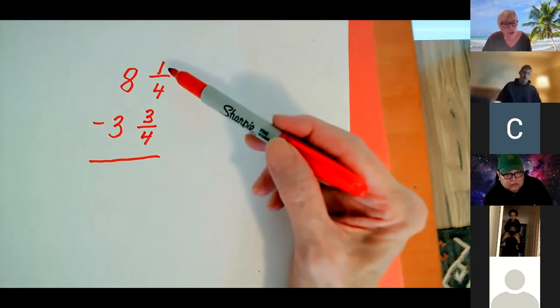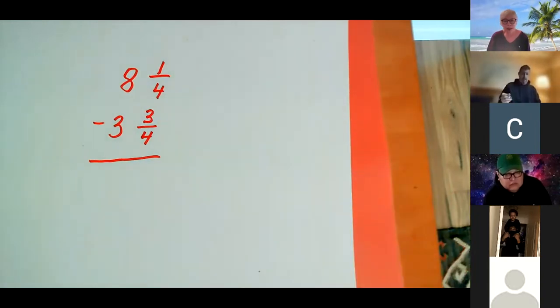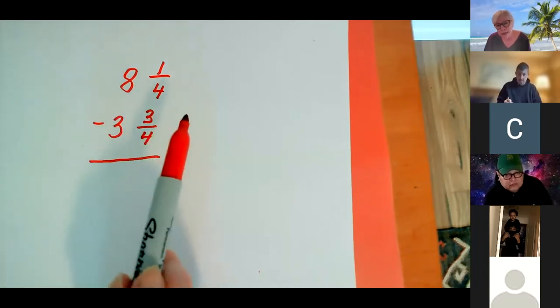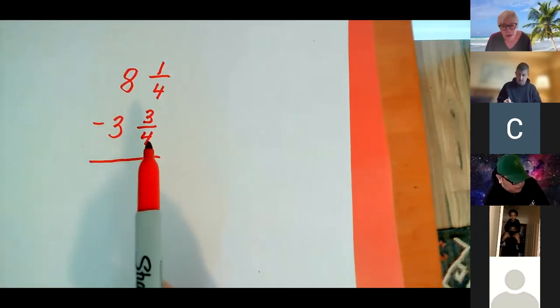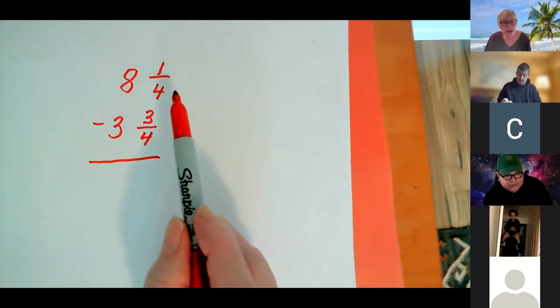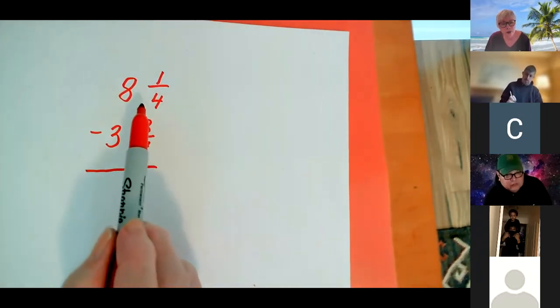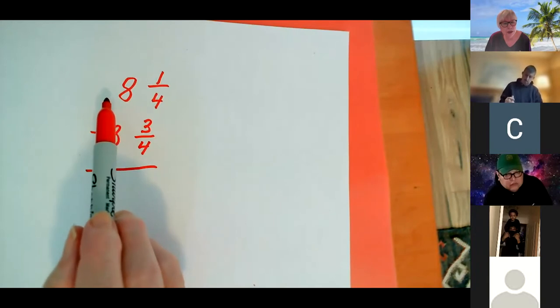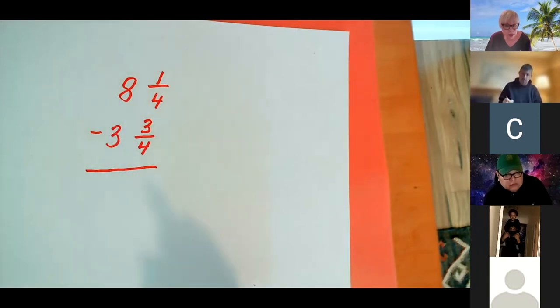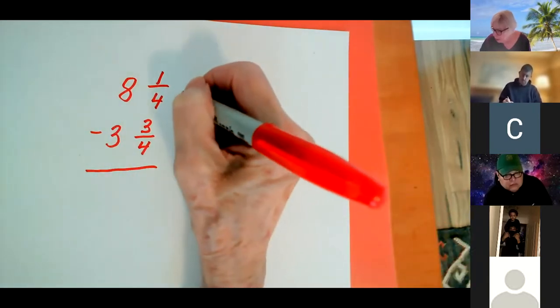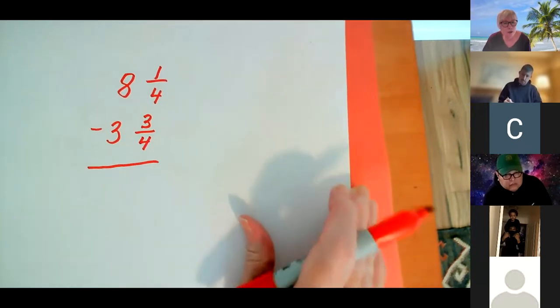But when we would go to subtract, 1 take away 3, no. And so what we're going to do, we have to borrow. So in terms of money, if you can relate to money, if you had to make change, you'd have to turn this 8 into 7 and change.